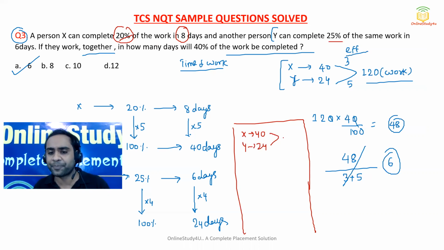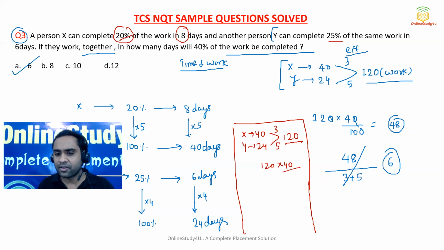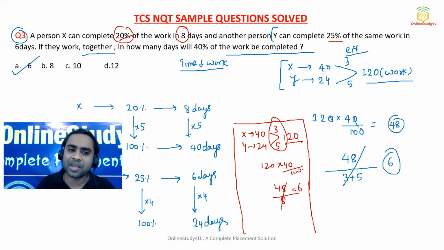The LCM will be 120. So this is 3 times and this is 5 times. Clear. Now 40% of the work: 120 into 40 by 100, that is 48. Who has to complete it? X and Y. So 5 plus 3, 8, and 6 days. How much time will it take? Trust me, it will only take 30 seconds.